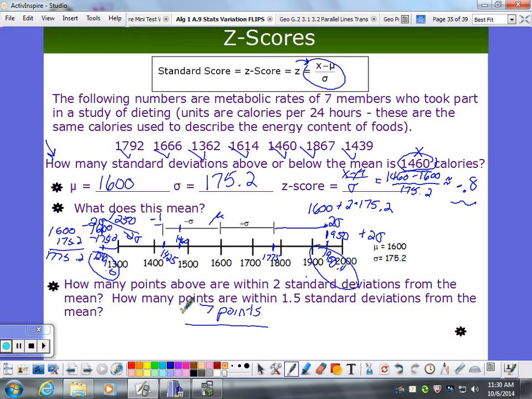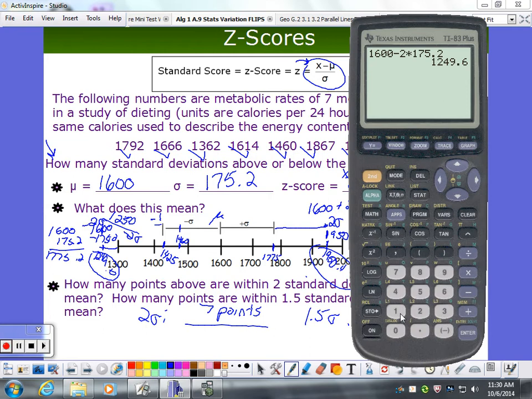Now, what if we wanted to know how many are within 1.5? I need to find those boundaries, right? So how would I find those boundaries? You could use the double sigma. Here's what I'm doing. I want to be at the mean, but 1.5 standard deviations above.